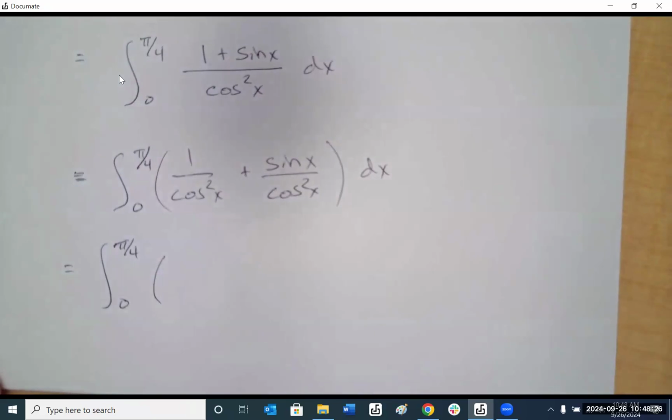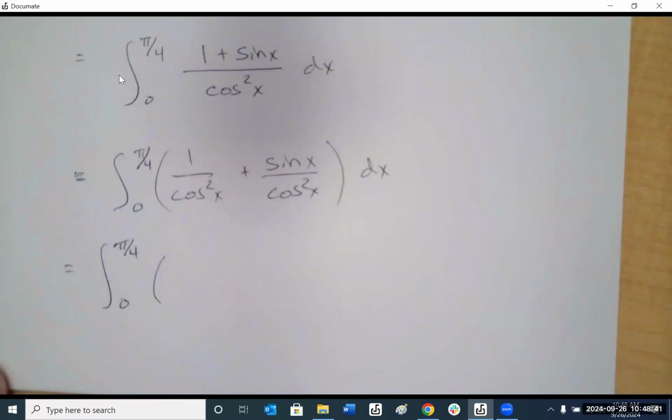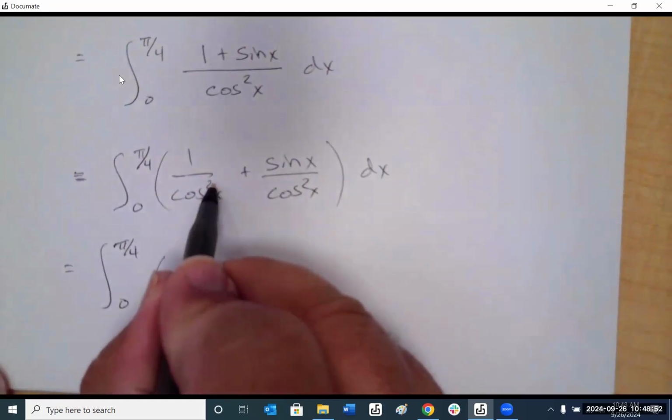1 over cosine squared is? What's that? I need somebody with confidence to say it out loud. 1 over cosine squared. It's secant squared, right?